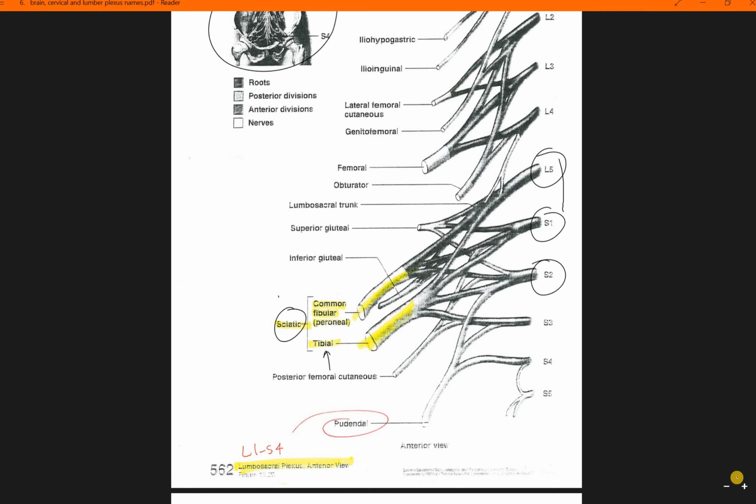So this is the nerve root. As it comes out, it turns into the peripheral nerve. The common peroneal nerve plus the tibial nerve come together to make the sciatic nerve, which goes all the way down to your foot.